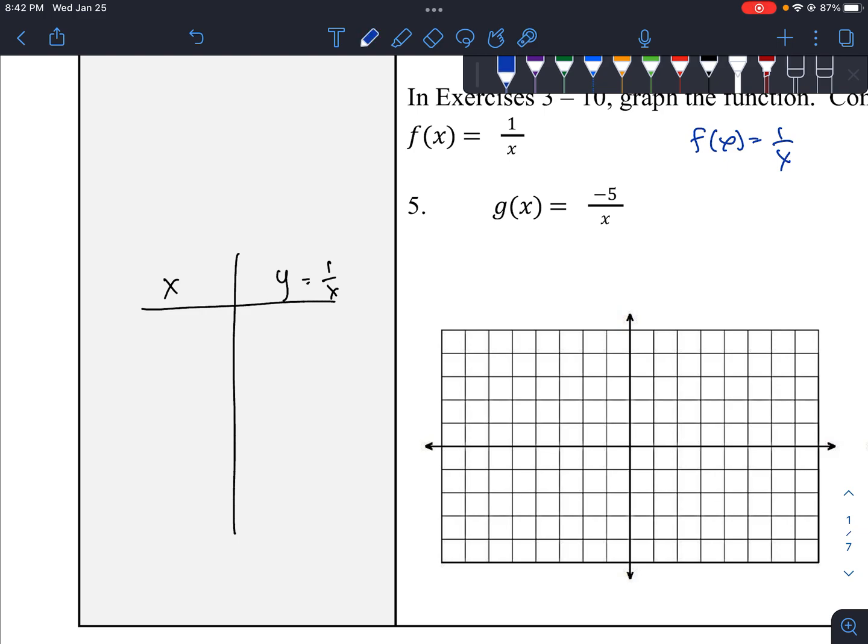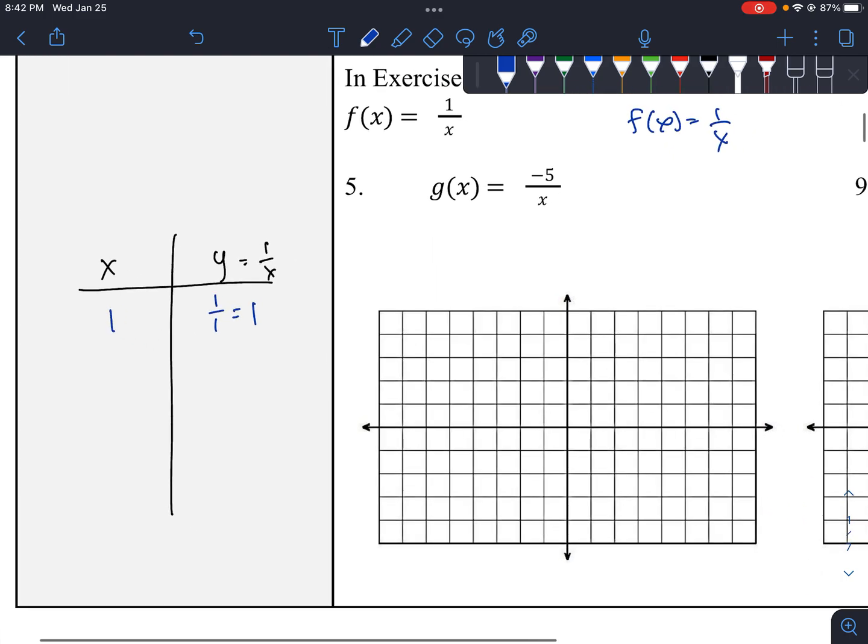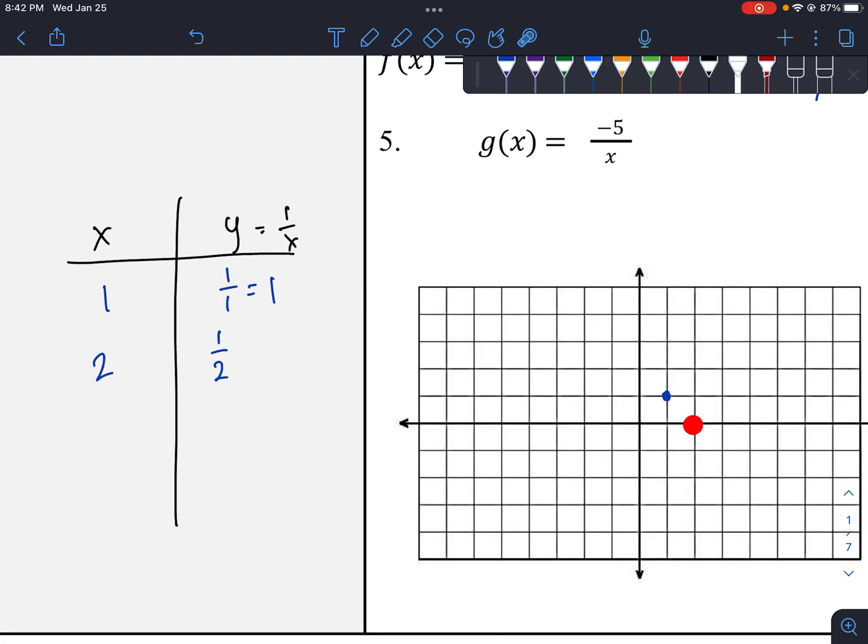So x equals 1, which means y is 1 over 1, which is equal to 1. So 1, 1, I get a point right here. Let's say I plug in 2. If I plug in 2, I get 1 over 2, which is 1/2.